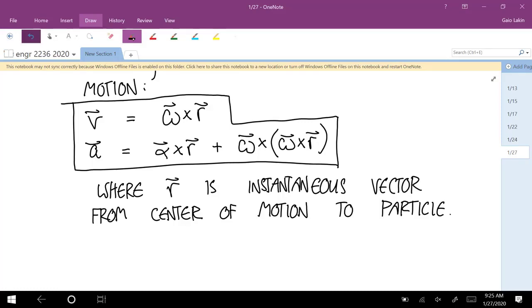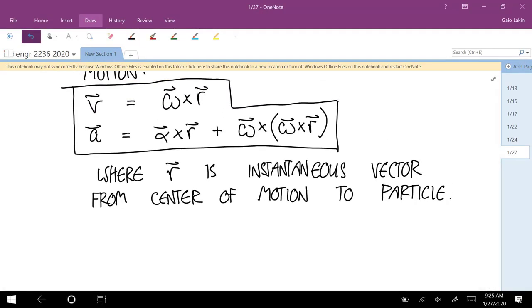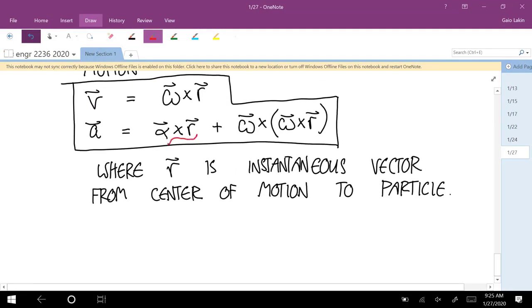And that was the angular acceleration times the radius of the circle. And then you use the right-hand rule to figure out the direction. Well, the direction's done for you here. So this is the tangential acceleration. And this is the centripetal acceleration.